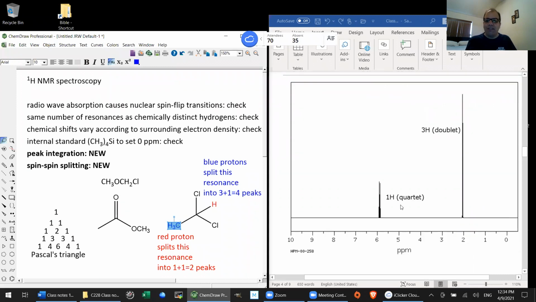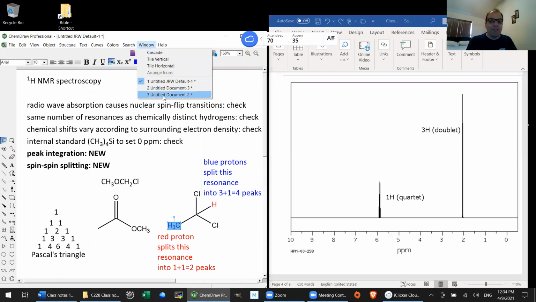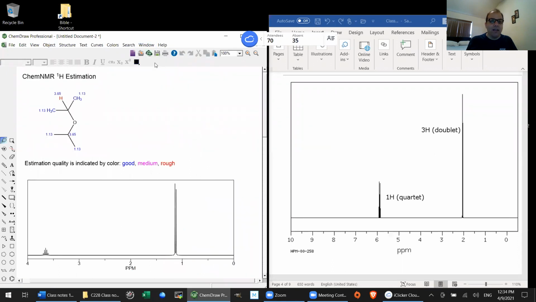And, you know, I don't intend to be unfair. In a case like this, if this spectrum had been an exam, I would have said D for doublet and Q for quartet. Or I might well have used, instead of the actual collected spectrum, the calculated spectrum because it was so much easier to see. That's a different one.